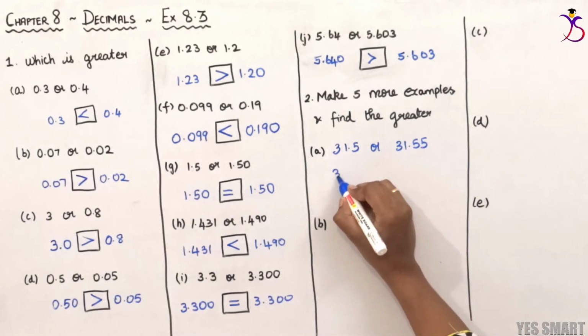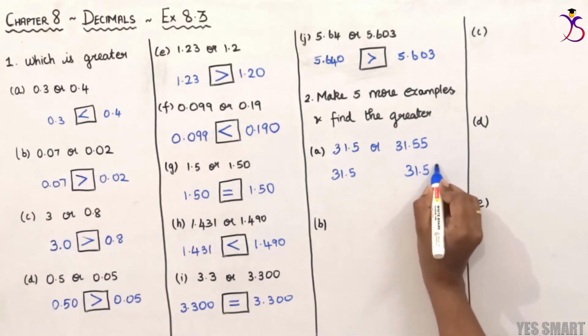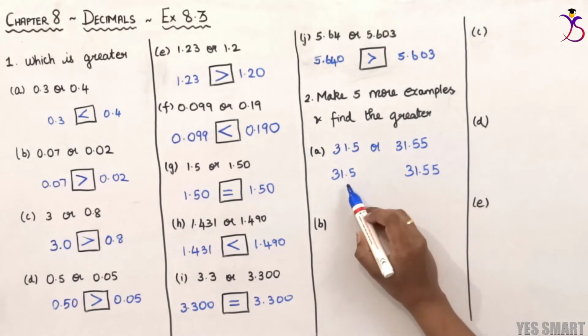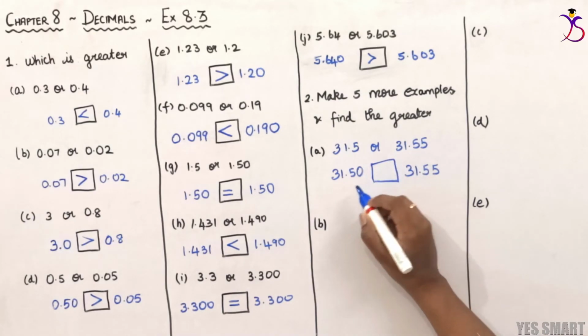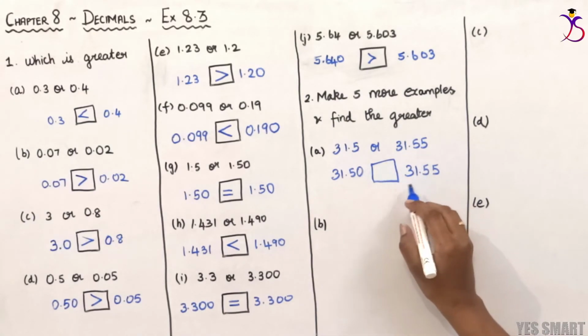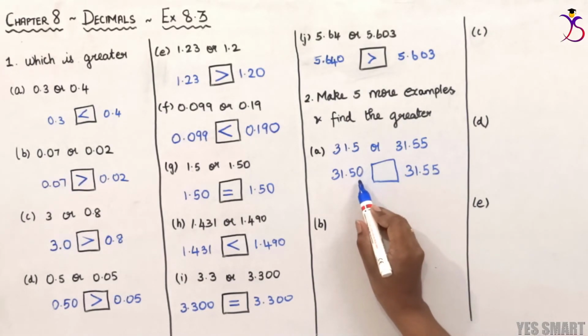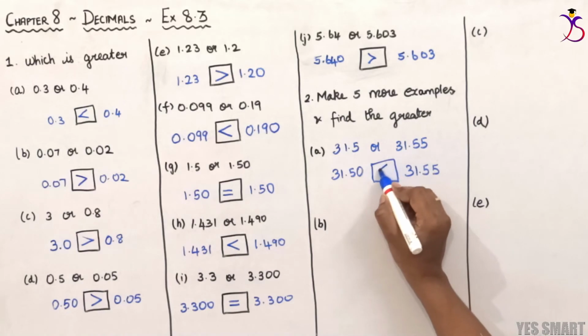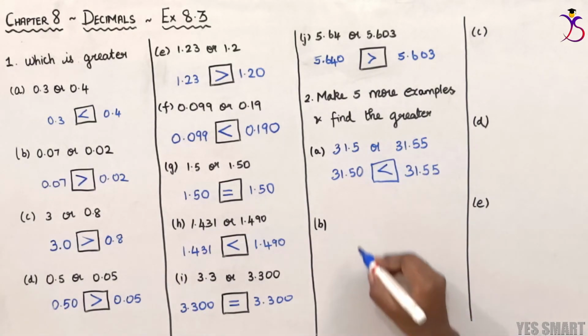Let's add 0 to the decimal part of 31.5 to make it a like decimal. Now let's compare the whole part. Both sides 31, 31 equal. On the decimal part, the first digit is 5 on both sides, so they are equal. The last digit here is 0 and here it is 5. Obviously 5 is greater. Therefore 31.55 is greater.